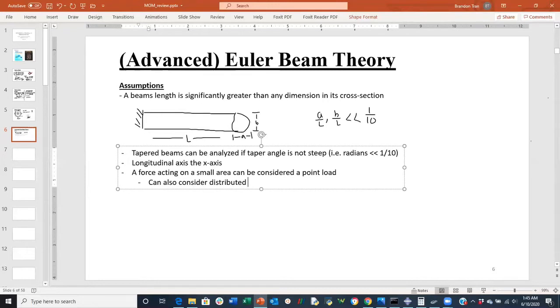For example, weight of a system or weight of a beam is considered a distributed force. Surface traction, like surface pressure, couples, or maybe you've seen examples of distributed couples. These are also forces we need to consider in this theory. The main point here is that a point load can be considered when a force is acting on a small area, but the others we need to take a look at as well.